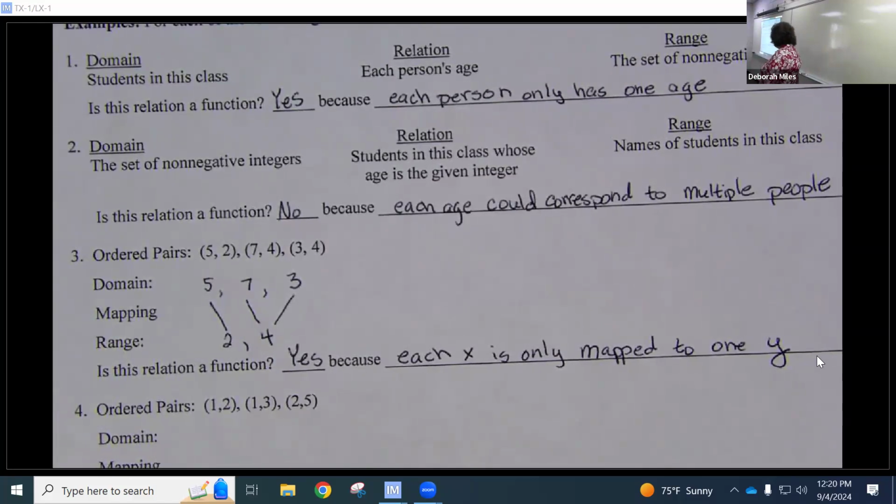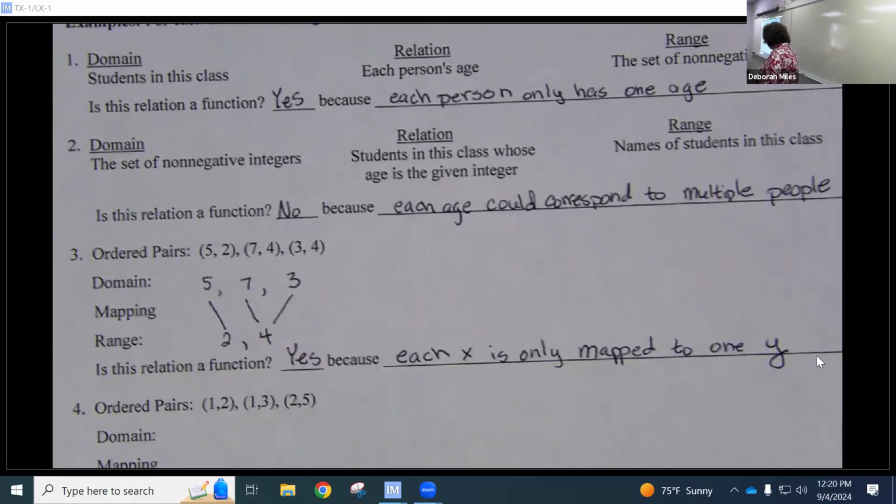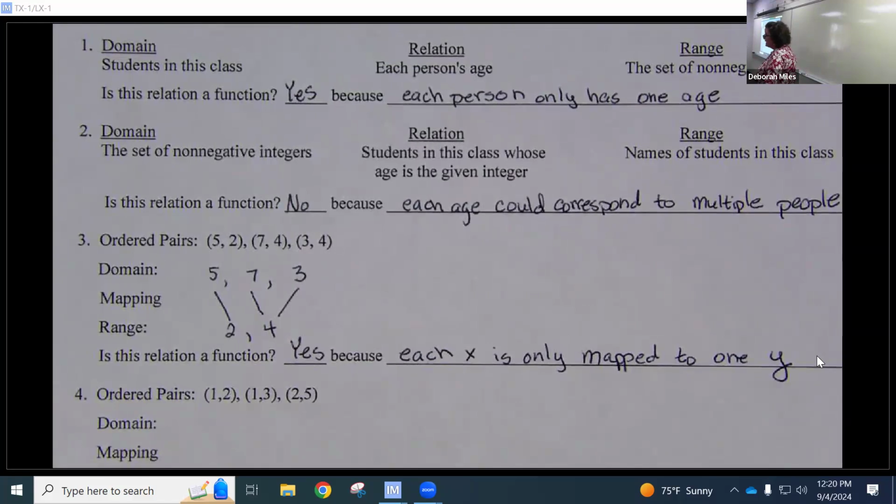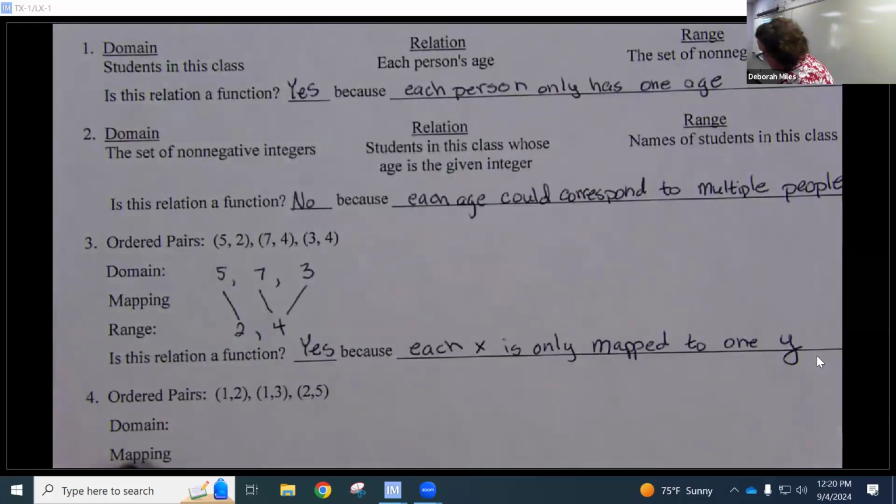Yes. Is the 3 only going to one y value? Yes. Does it matter that they go to the same y value? That's not part of the definition of function. It doesn't matter if two x's have the same y. It only matters if one x has two different y's. I think that's what happens in the next example.